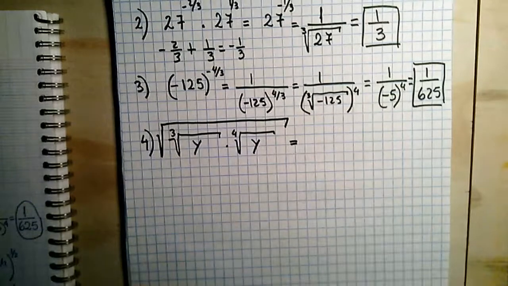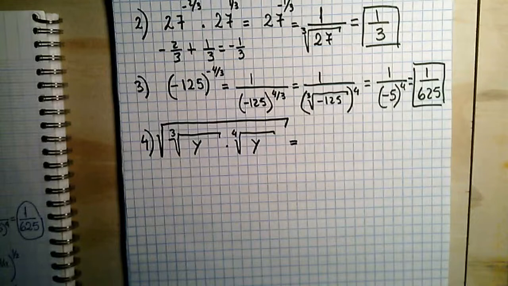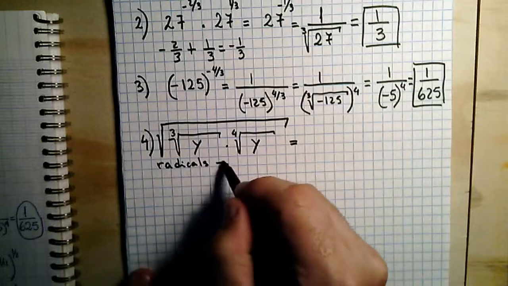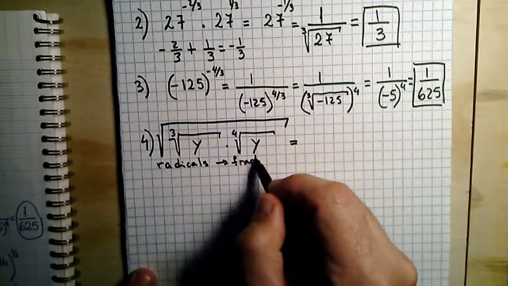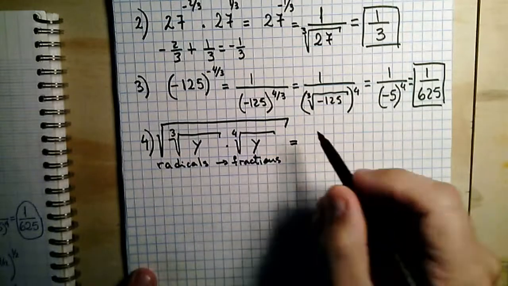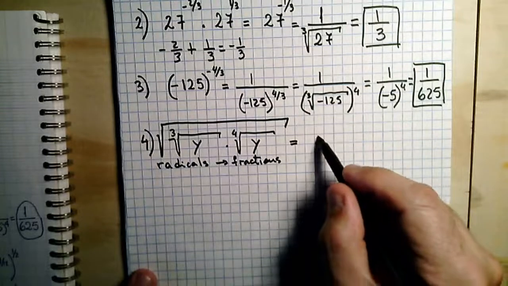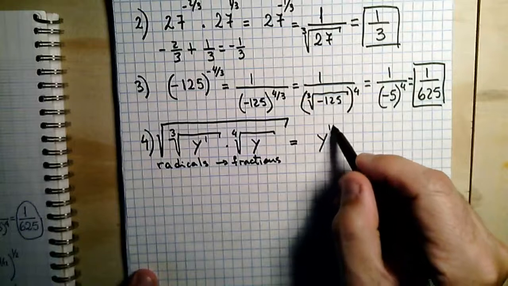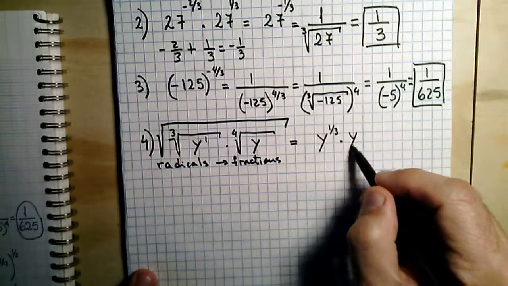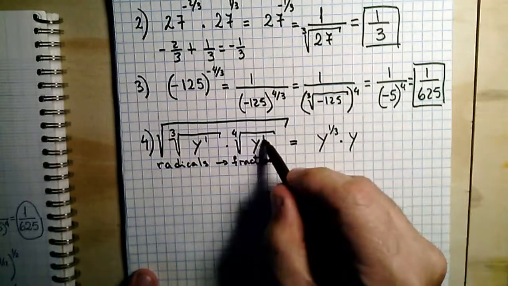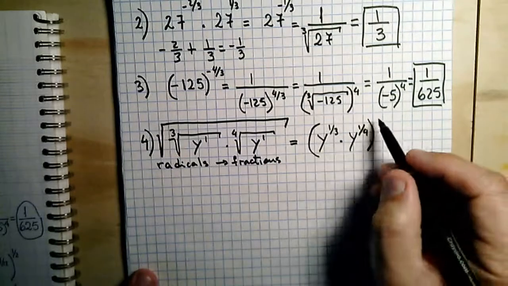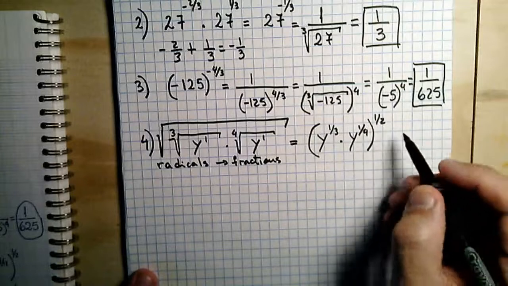My recommendation always will be transforming radicals into fractions. Transform radicals into fractions, and you will see how easy it is to solve the problem. So I am going to transform: this is 1 divided by 3, so y to the 1/3, times y to the 1/4, and everything to the power of 1/2.